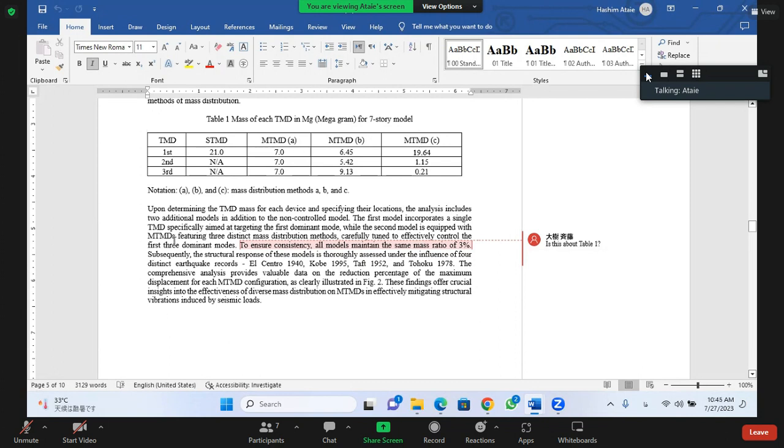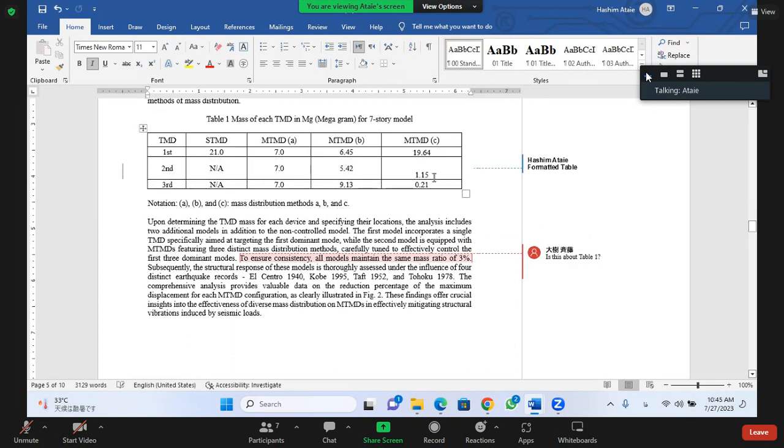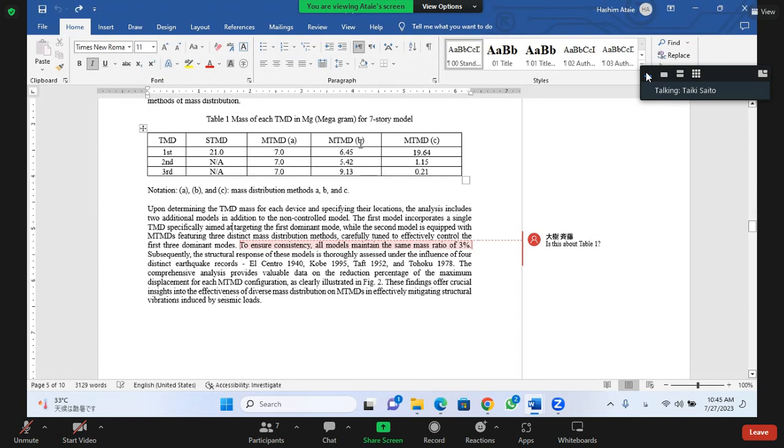The model equipped with multiple TMD features 3 distinct mass distributors, which are A, B, and C. Here I said that to ensure consistency, all models maintain the same mass ratio of 3%. If we sum these three values, it is equal to 21.